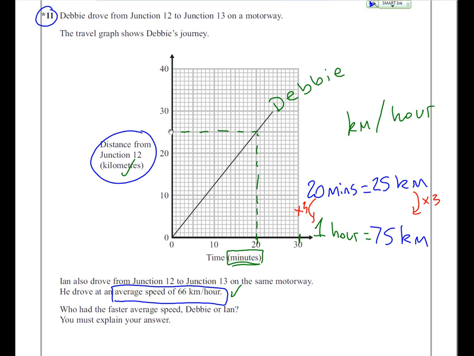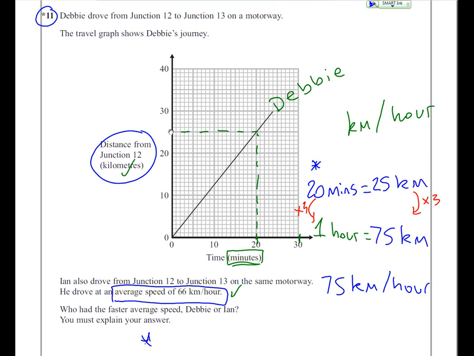So in 1 hour, on average, she's done 75 kilometers. So that is the same as saying 75 kilometers per hour. Okay, so this is my working out that I'm showing here. Obviously I would do it down there, but there you go.